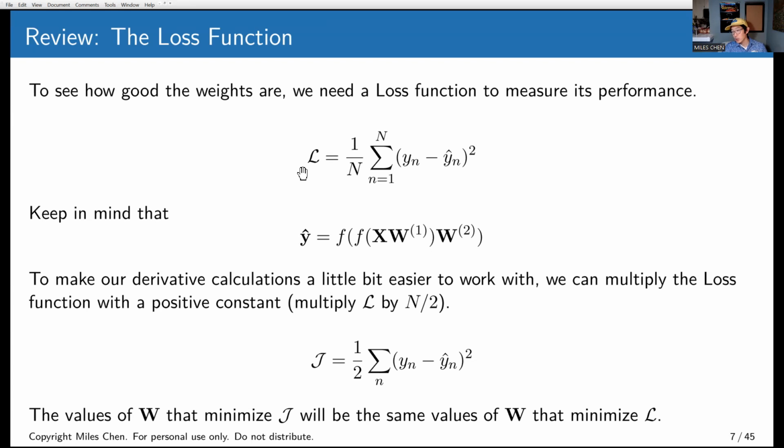If we could, we would set those gradients equal to 0 and solve for W1 and W2, and that would give us a solution. The gradient is equal to 0 at either a local minimum or a local maximum, and we'd figure that out.